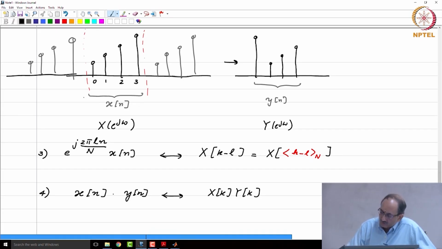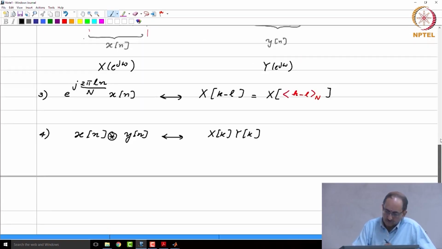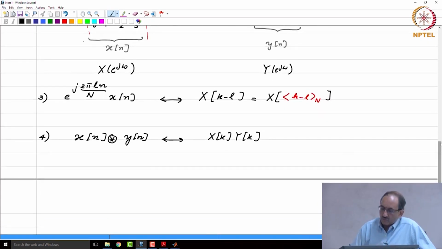So, this is really circular convolution. Once we are done with the properties, we will talk about circular convolution in more detail. So, if you convolve in the time domain, you multiply their transforms. Convolution is now circular rather than linear.